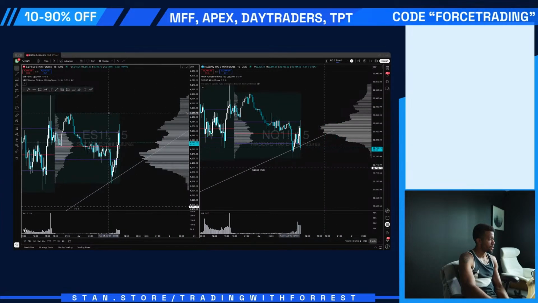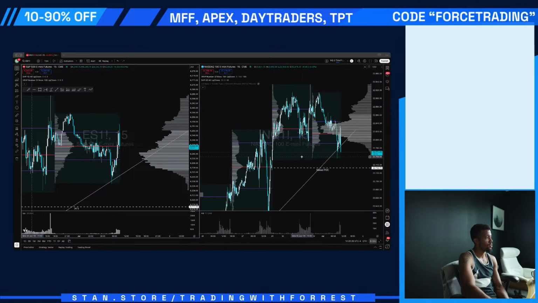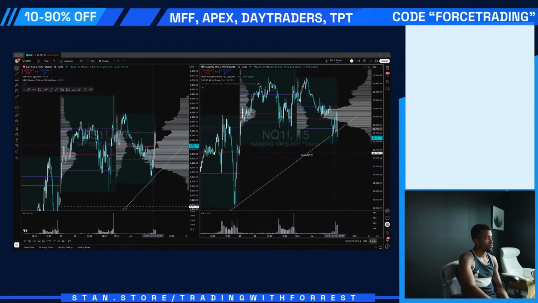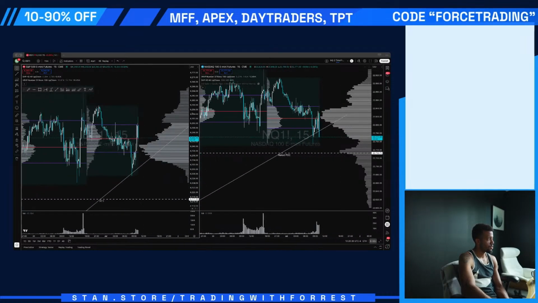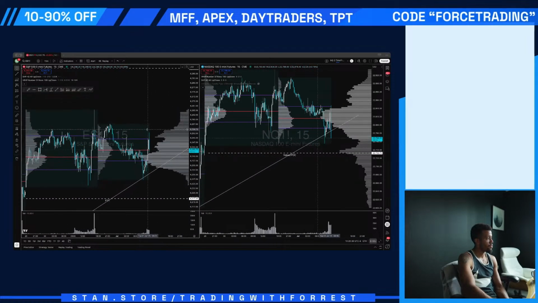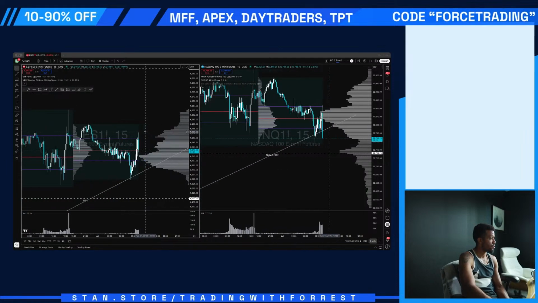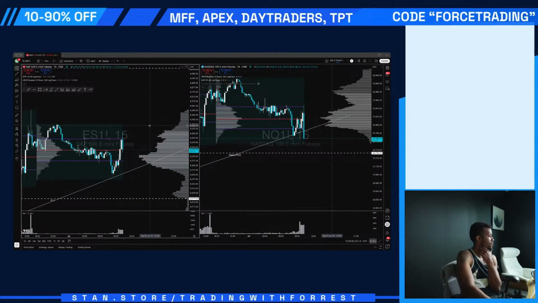Because basically what is happening here is if this traverses its range, it's gonna come down to VAL or retest the trend line. If this traverses its range, it would come higher, right? But we can see it's cracking lower. What I want to see is once these start to converge and they hit their next support area, then you'll have like a high quality trade idea right there. For now, I'm gonna let it shake out, do its thing.